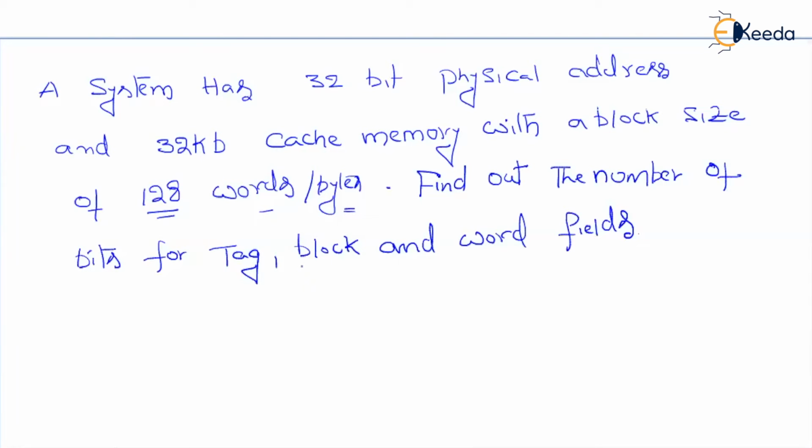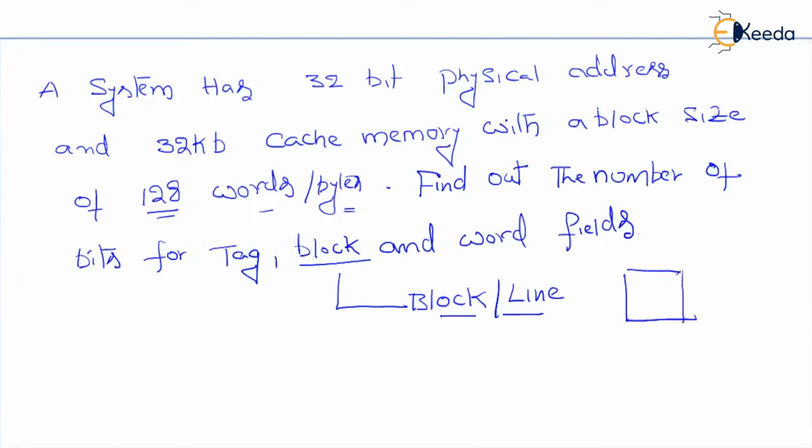Now first you understand this block can be called in several ways. The block field can be called in several ways. In direct mapping, this block field can be called a block or a line, because a block and a line are the same thing, that is, a group of words.